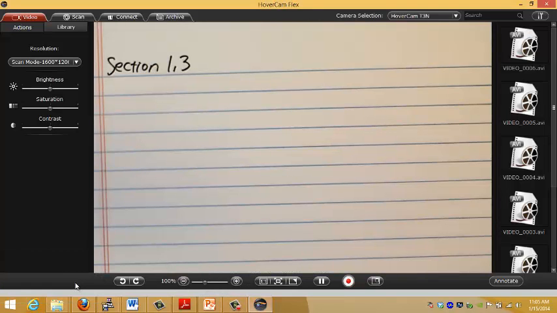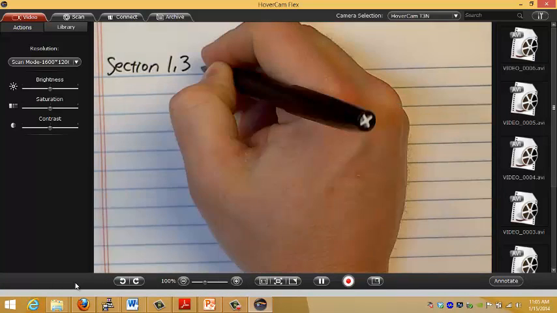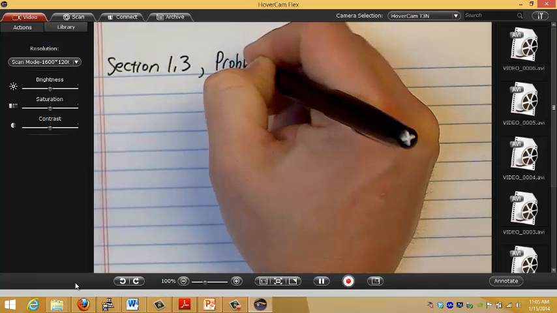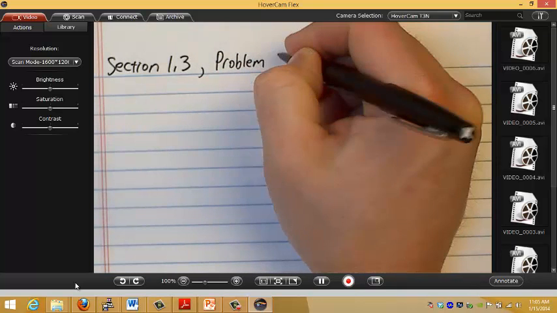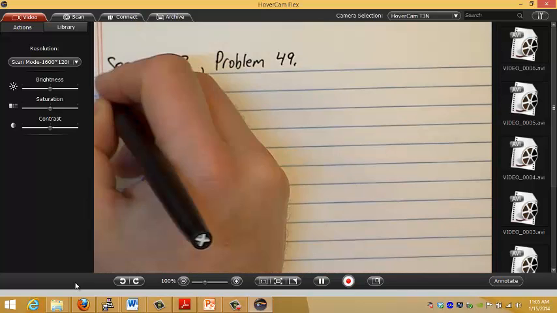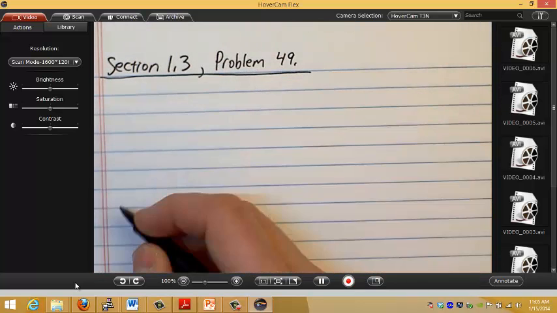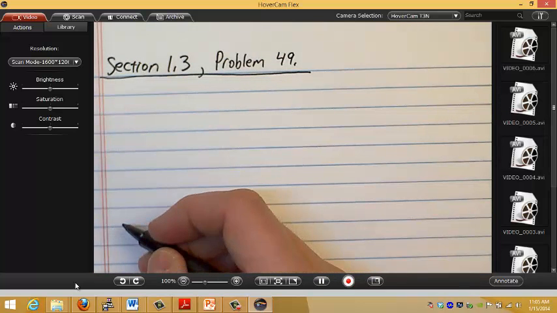So section 1.3, and this is problem 49. There's a couple things going on. They give me a function.